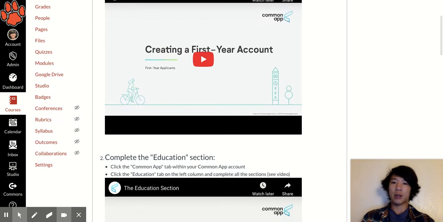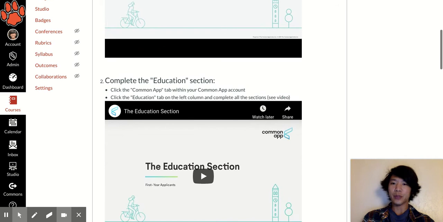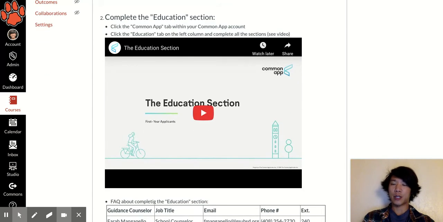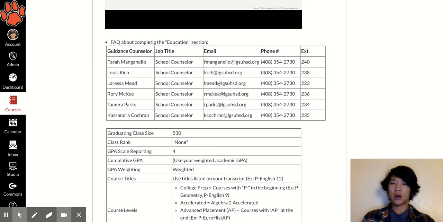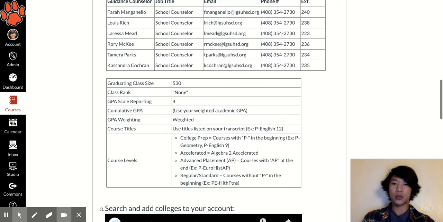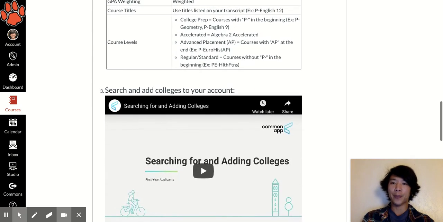So this is about creating a first-year account. You guys are going to be applying as first-year students to colleges and universities. Information on completing the education section within the Common App. This is information about your counselor that you may need to include, and also general information about things at school, and what GPAs and what our classes are like that you need to report within the Common App.